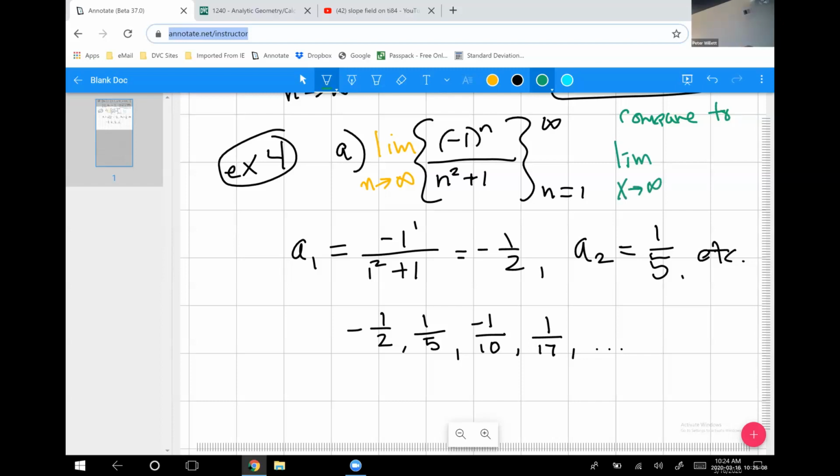So how could I imagine trying to replace this with an x? So here's why we have a little trouble with things like this. The numerator is -1 raised to a power. And so I could write that as like -1 to the power of x or something, but typically all of our work with exponential functions, the base has always had to be non-negative.